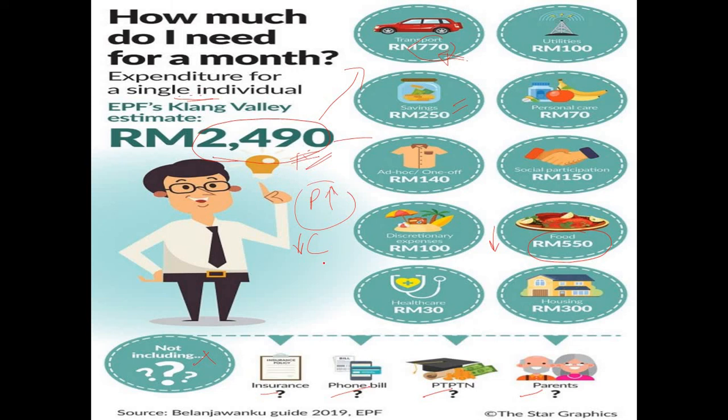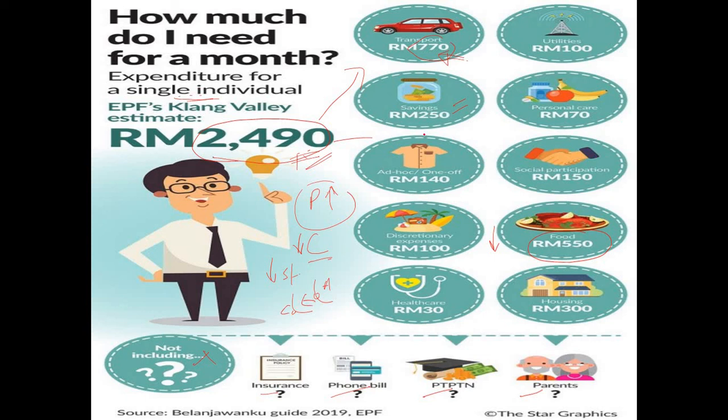But actually when we reduce our consumption, in economics we say that our standard of living also decreases. So this is where in the graph just now, the consumer equilibrium moved from point A to point C. So this is what happened.